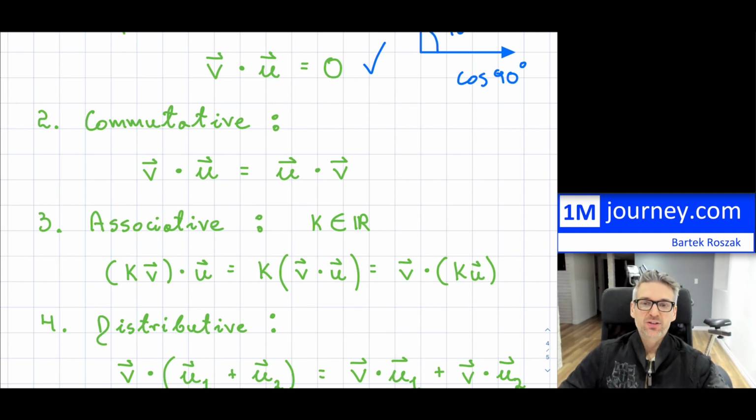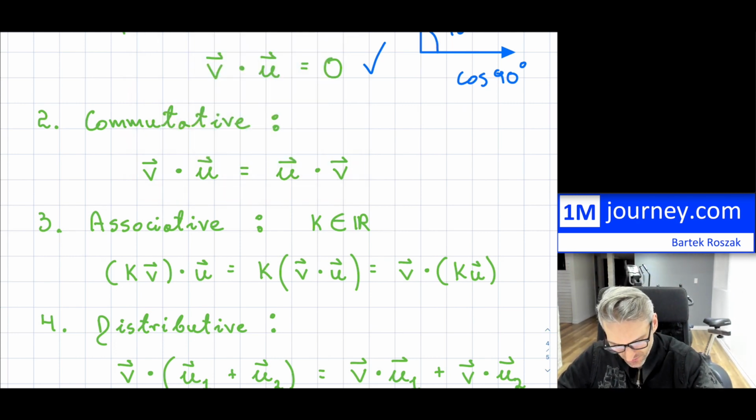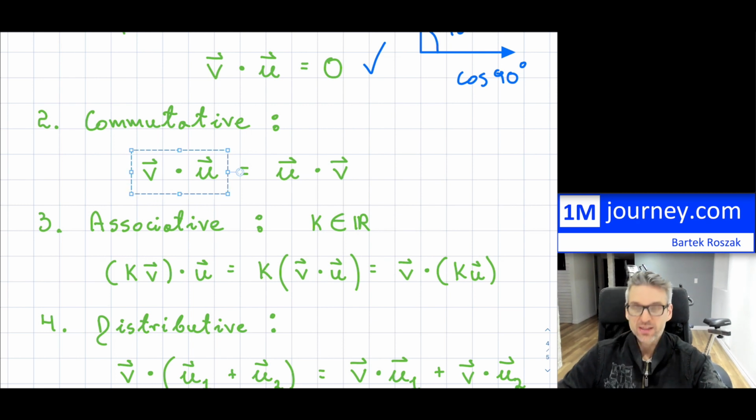And again, this should not shock you, because by definition, we know that it is the actual magnitudes multiplied by the cos of the angle between them, then it certainly is exactly the same thing if you just take u and then you take v.